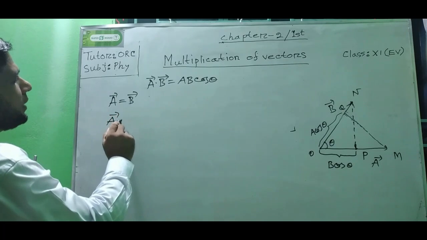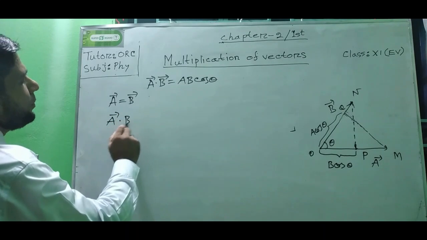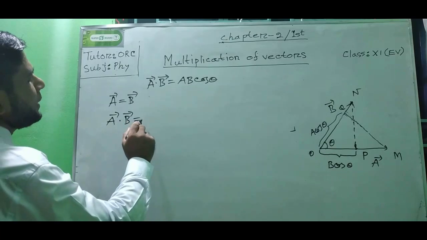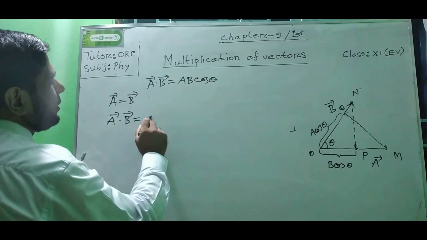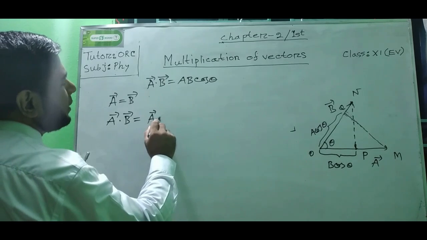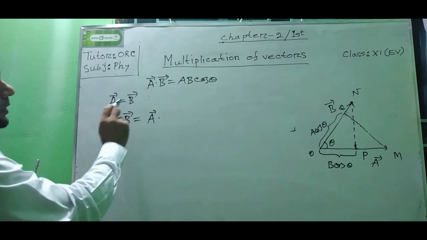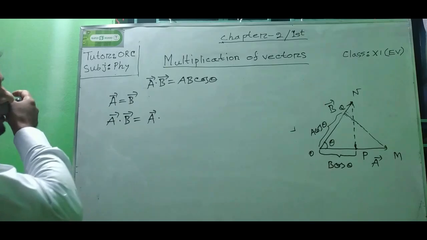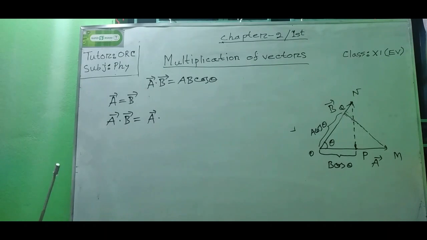Suppose vector A dot vector B equals mod of vector A, and again as vector A and vector B are equal vectors, we know from the information of equal vectors that when the type, the direction and the value of two vectors are the same, then we call these two vectors equal vectors.